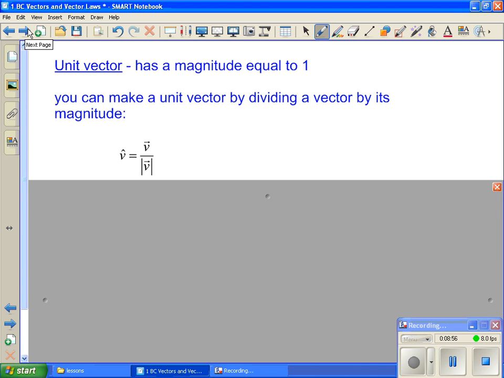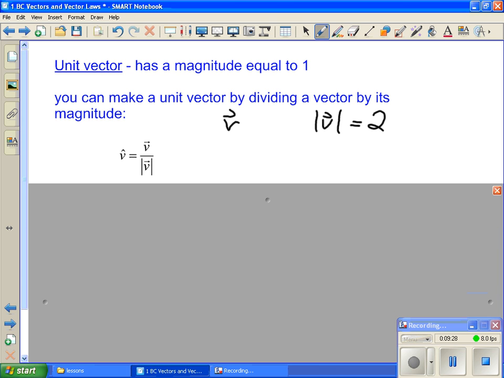Unit vector. A unit vector is any vector that has a magnitude equal to 1. Now you can take any vector that you want and you can turn it into a unit vector by dividing it by its magnitude. So if you had a vector like v, and the magnitude of v was 2, kind of like in the last example that we did, if we take vector v and divide it by 2, we get the unit vector v.